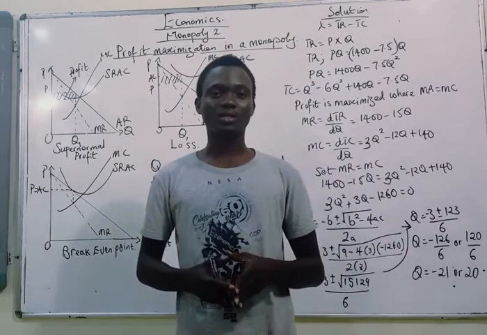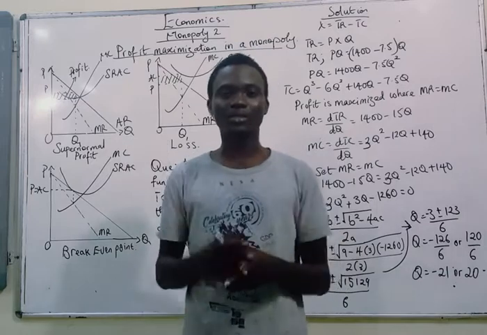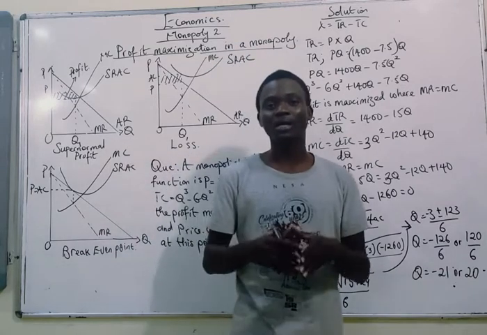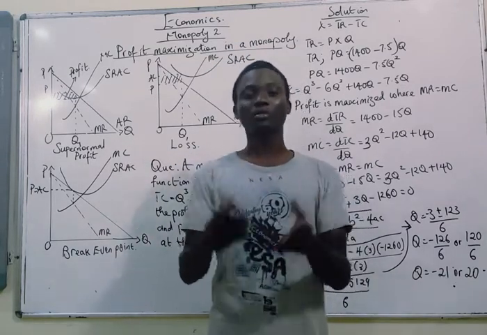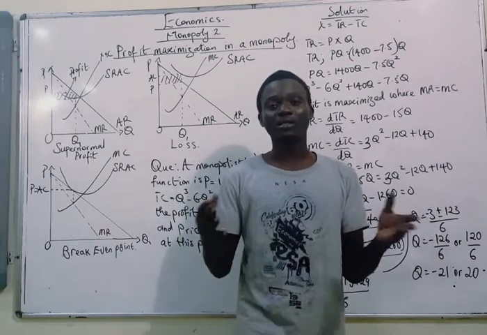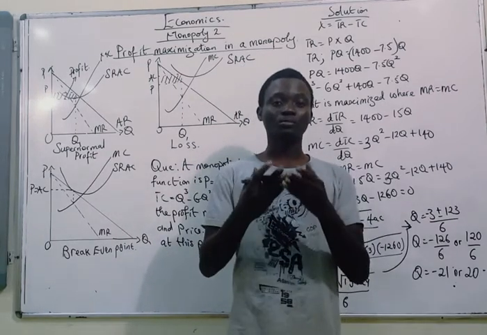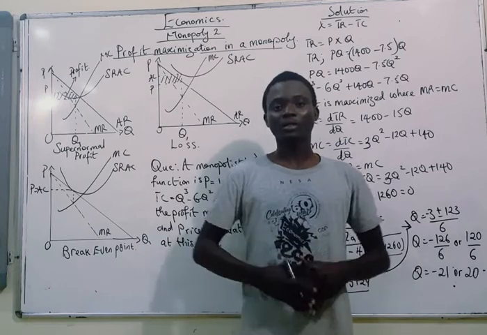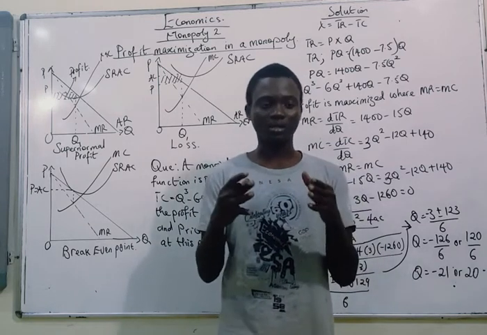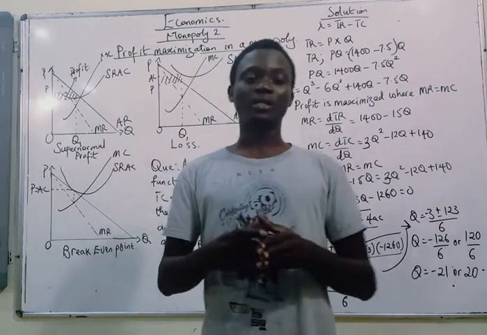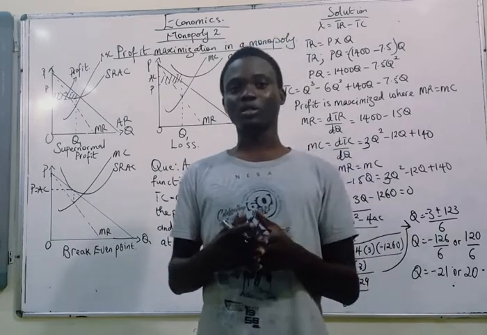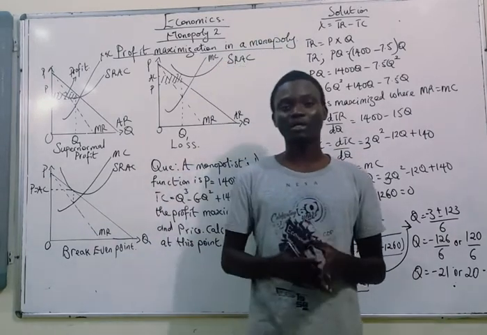Cost is an example of a bad thing, something that takes money away. So we try to minimize the extent to which money is taken away from us, and we tend to maximize the extent to which money is returned or given to us. Those are the two things embedded in profit maximization.